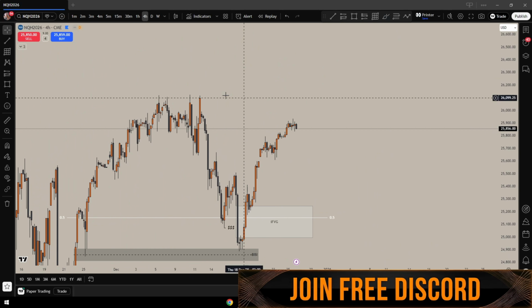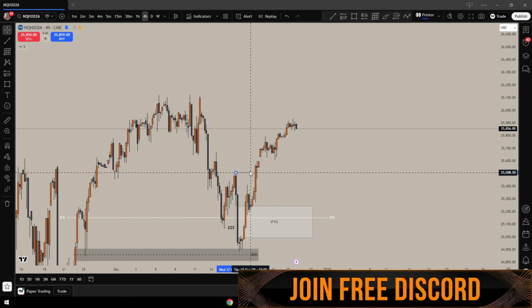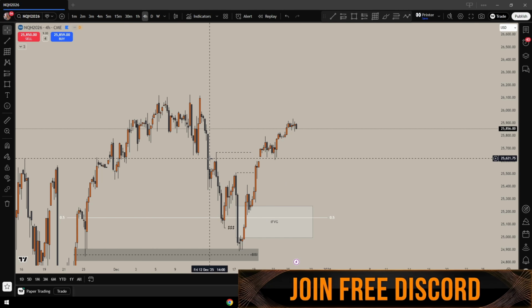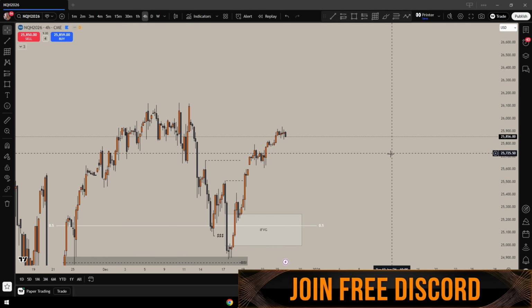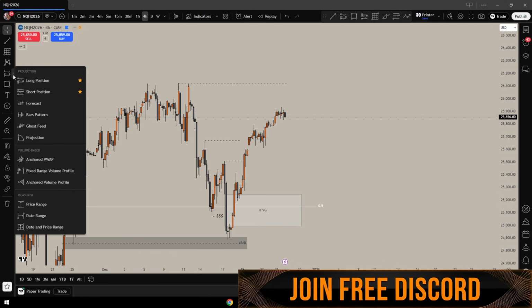And good targets, absolutely. We got an internal high here. We got an external high here. Actually a high inside of a fair value gap, which is also very powerful. And we got the external high right here.